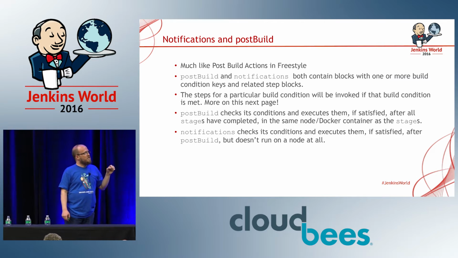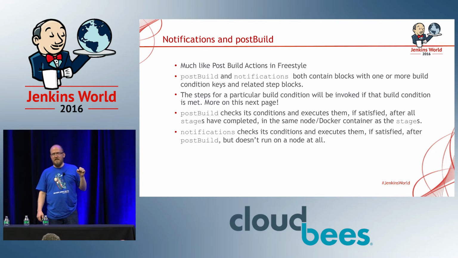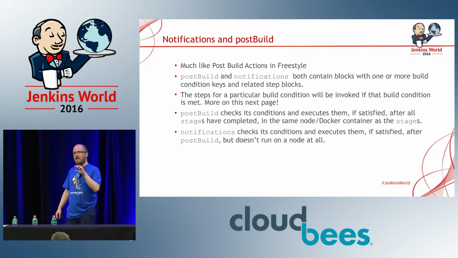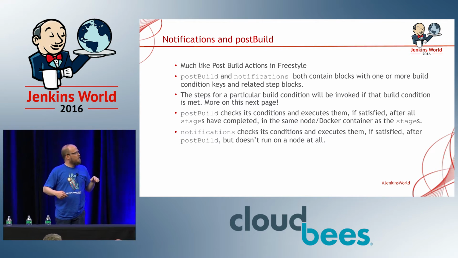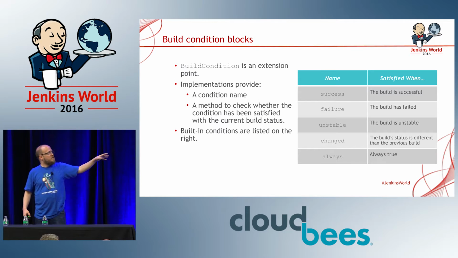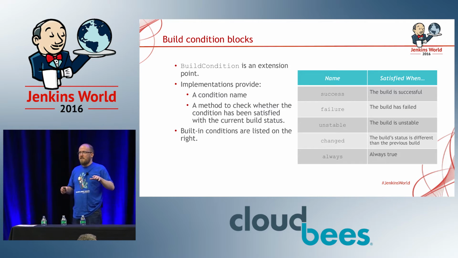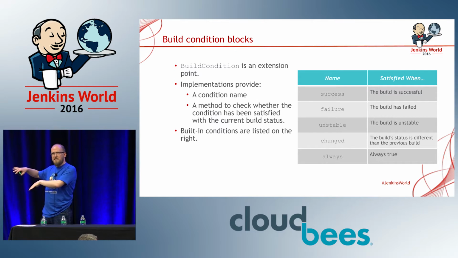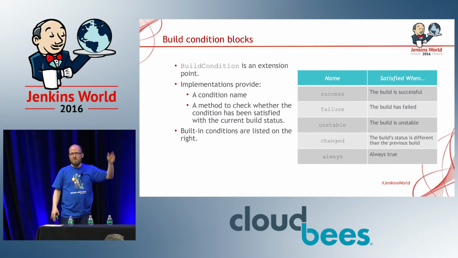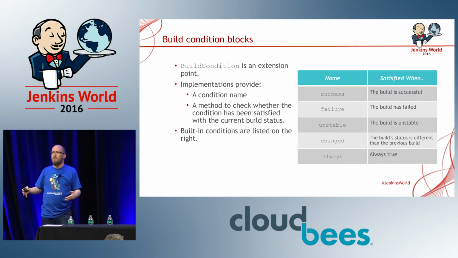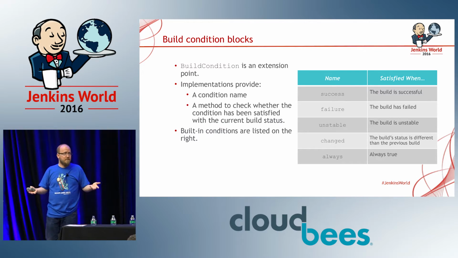Each of those blocks contains one or more build condition keys and then steps to execute if that build condition is met. So, the build conditions are an extension point. It's basically a key that maps to a little script behind the scenes that checks to see whether it's true. So, anything that's in a success block will only run if the build is successful.